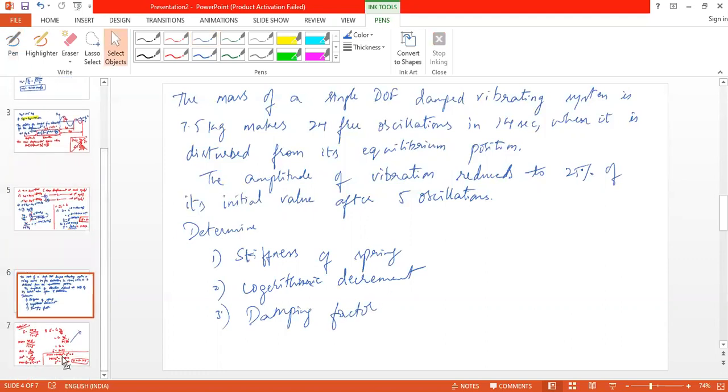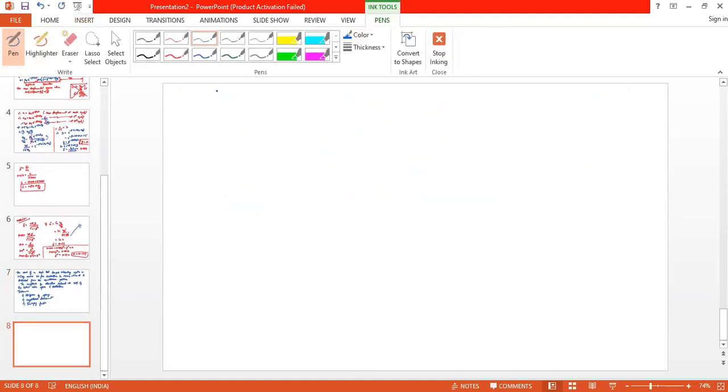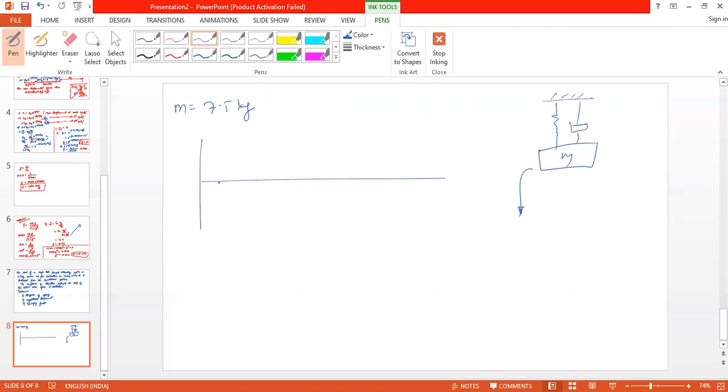Okay, here what is given? There is a spring mass and damper system where mass is 7.5 kg, and it is disturbed from the initial position and makes 24 oscillations, n is equal to 24, in 14 seconds.